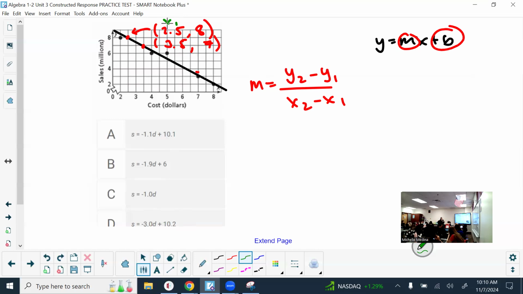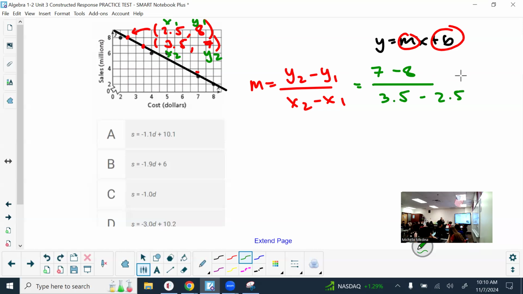So when you pick your 2 points that you can see really clearly, make one of them x1, y1, the other one x2, y2, plug it in and simplify. So the way that I labeled it, I'd be doing 7 minus 8 over 3.5 minus 2.5, x2 minus x1.